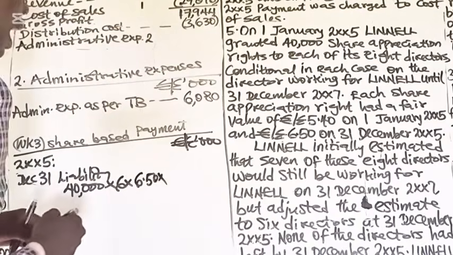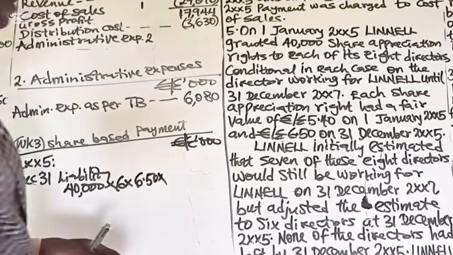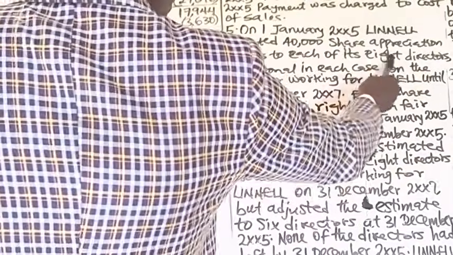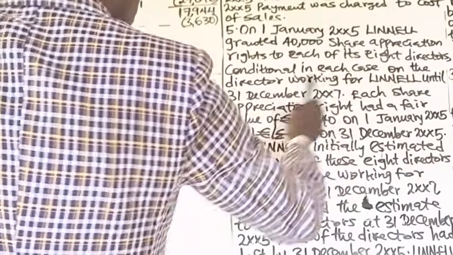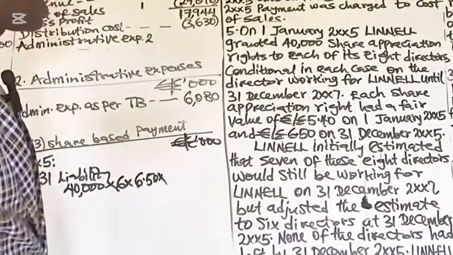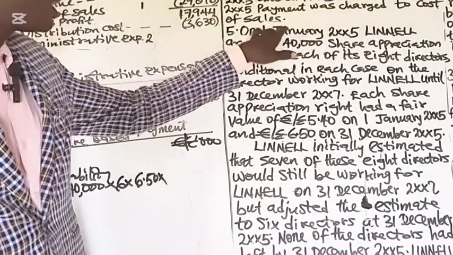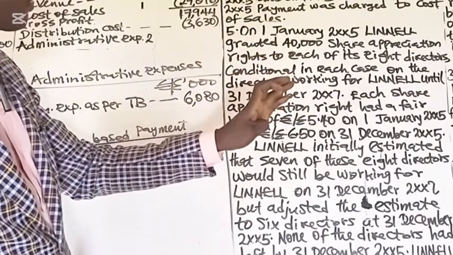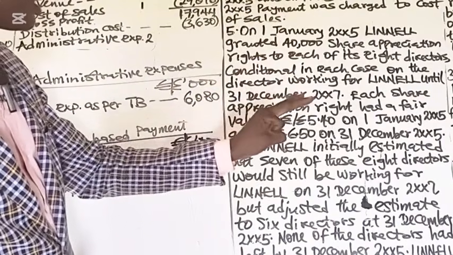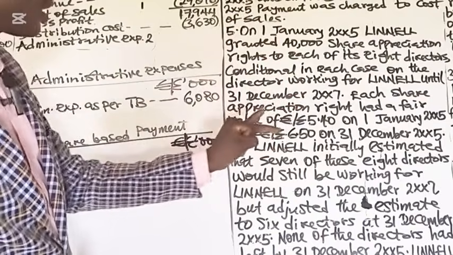Now, for how many years? The condition is that the directors work for Leland until 31st December 20X7. Counting from January 20X5: December 20X5 is 1 year, 20X6 is 2 years, 20X7 is 3 years.